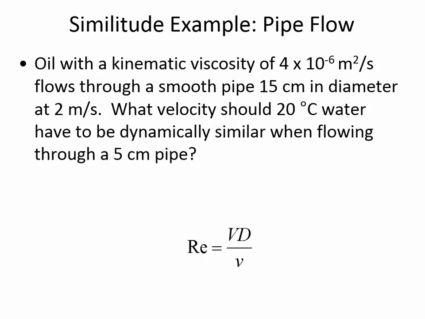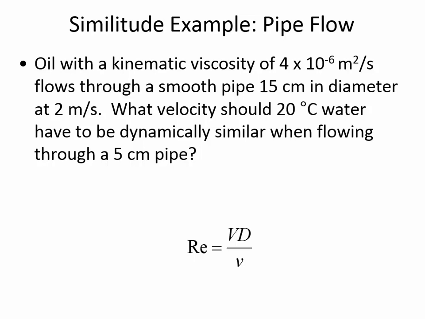So the velocity of the water pipe is going to be kinematic viscosity of water times velocity of oil times diameter of oil, divided by kinematic viscosity of oil times diameter of water. Okay, so those values: typical kinematic viscosity of water, 1 times 10 to the minus 6 meters squared per second.